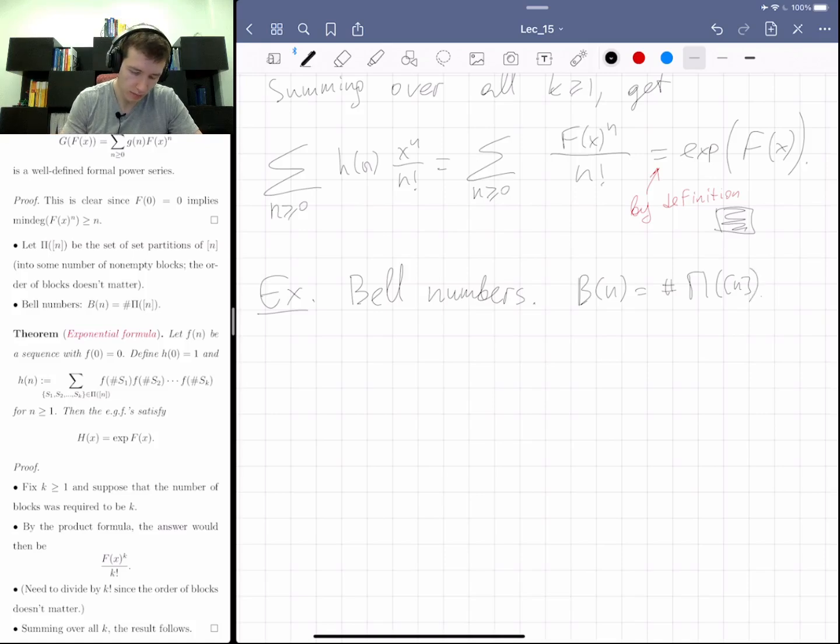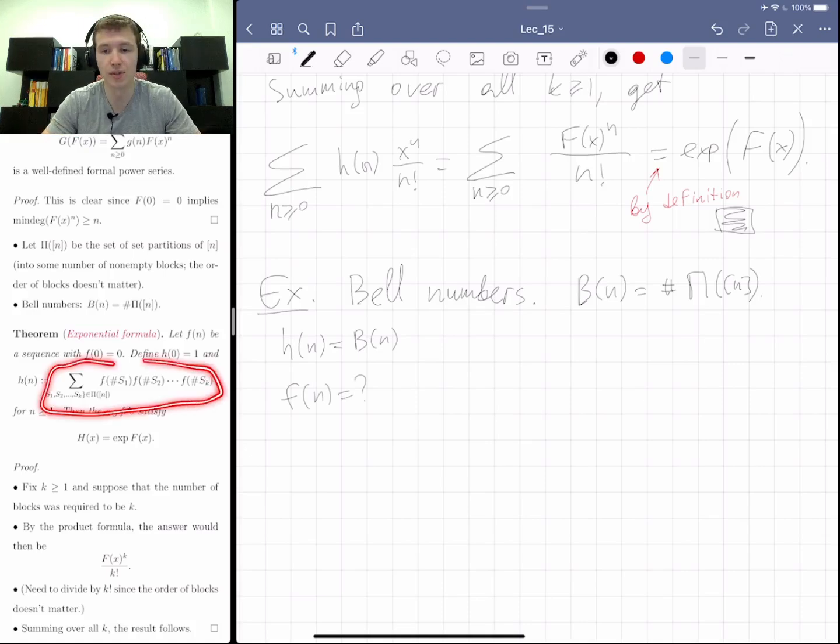So let's look at this formula. It's a sum over all partitions. What is h of n? It is the Bell numbers, and what is f of n? What am I supposed to plug in for f to get Bell numbers in this formula? f of n is equal to n?